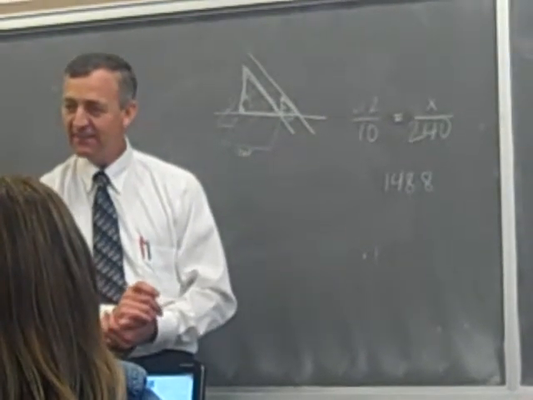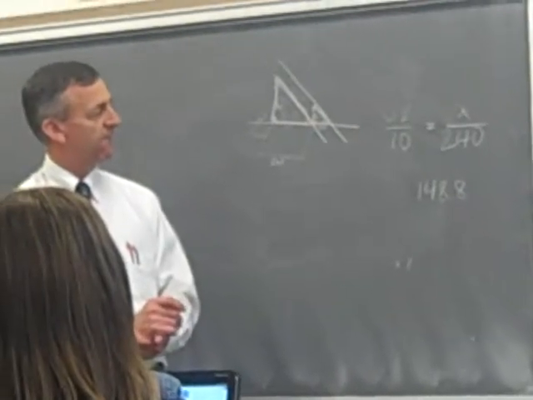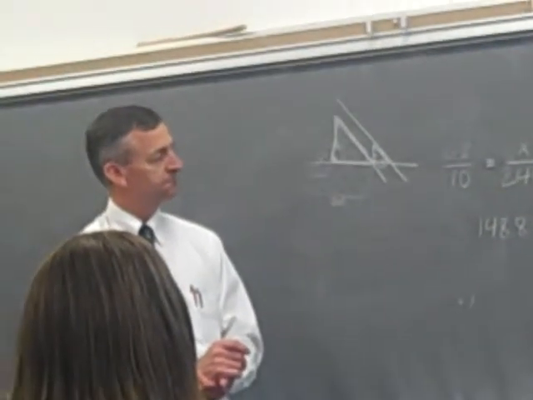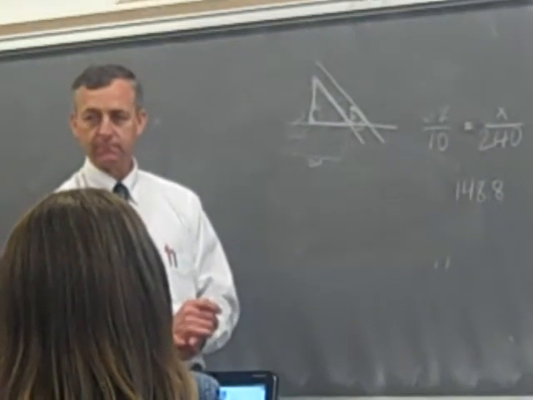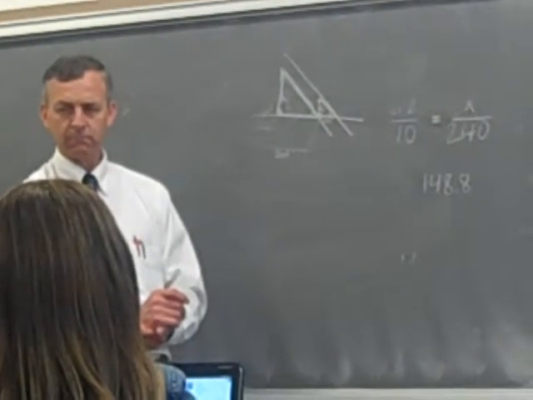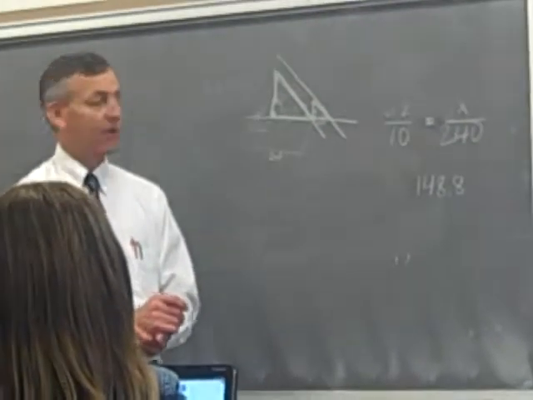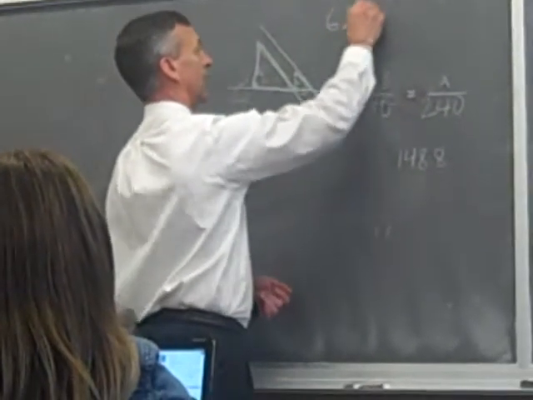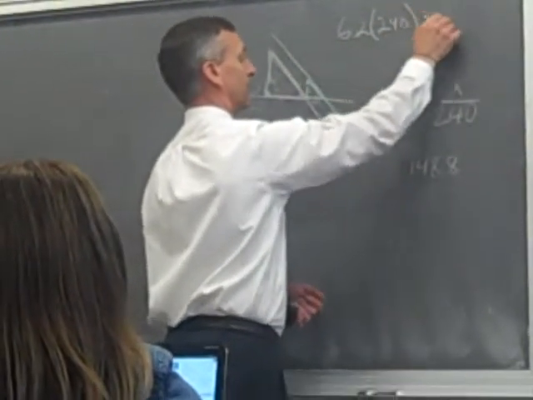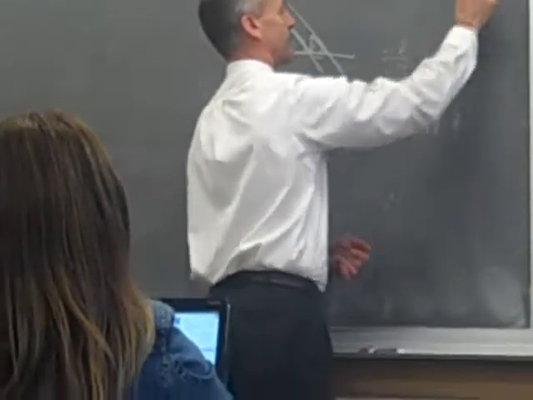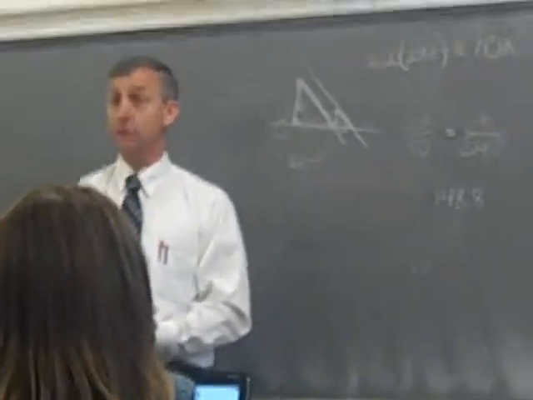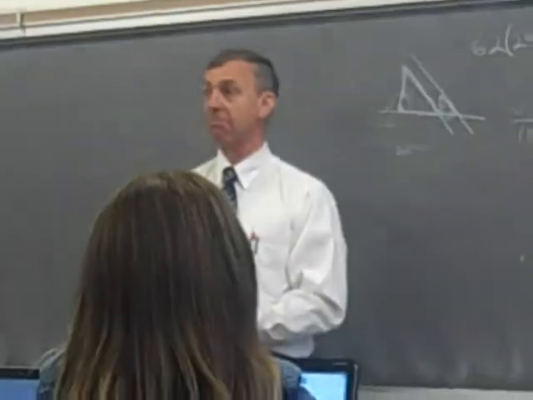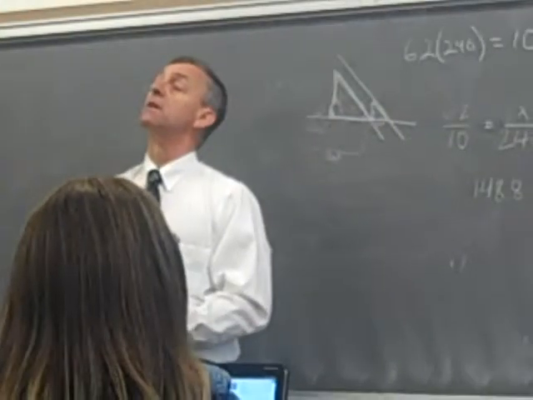Okay, well, since 10 is equal to 240, not equal, but they're similar, it's like they're the same unit, because it's the same proportion. But why can I go 6.2 times 240 is equal to 10 times x? Why can I do that? That's what cross multiplication is. They're the same ratio. It's just kind of a shortcut.